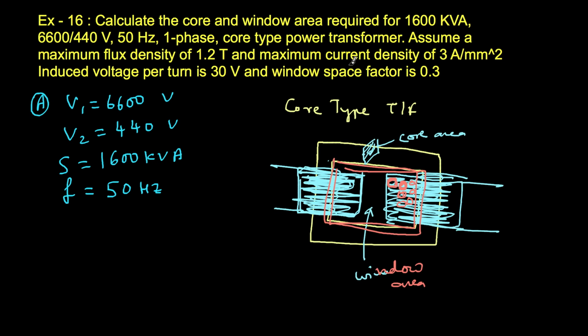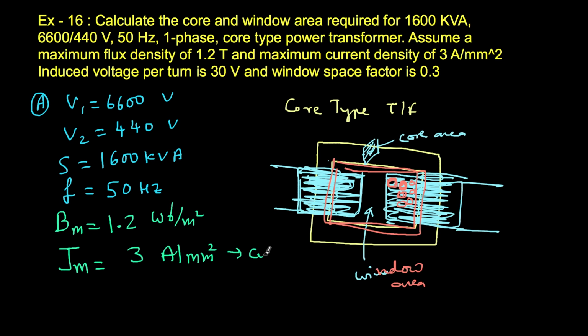Core type power transformer, assume maximum flux density of 1.2 Tesla. So B max is 1.2 Webers per meter square or Tesla. And maximum current density, let's call it Jm, is 3 amperes per mm square.